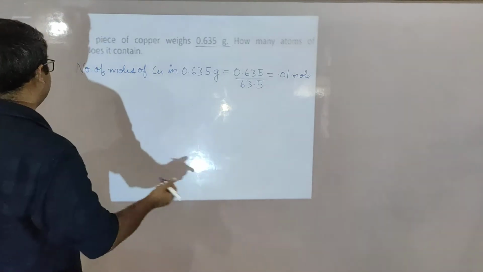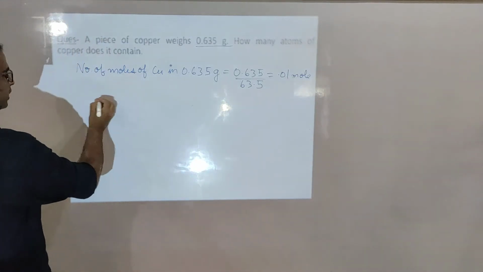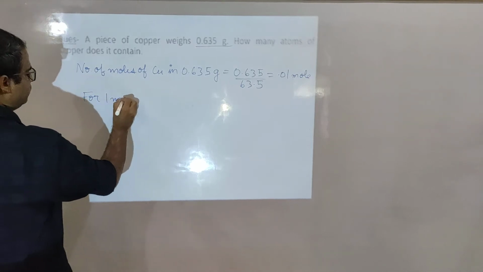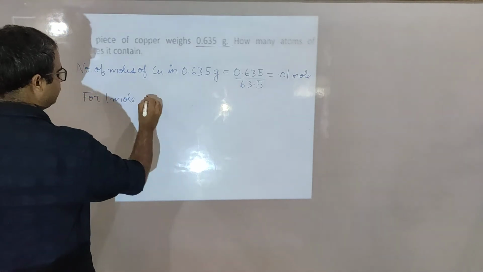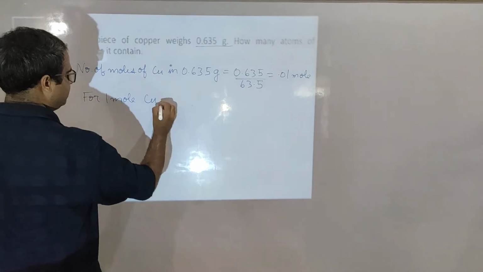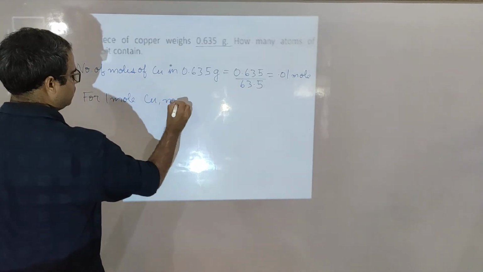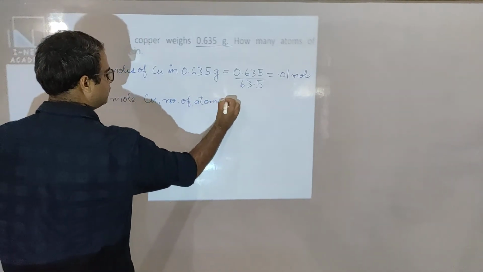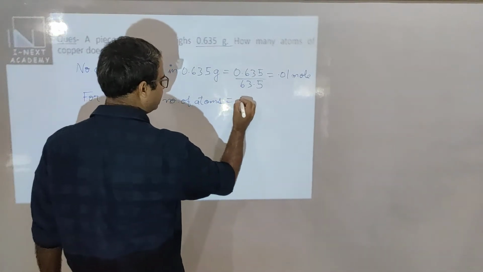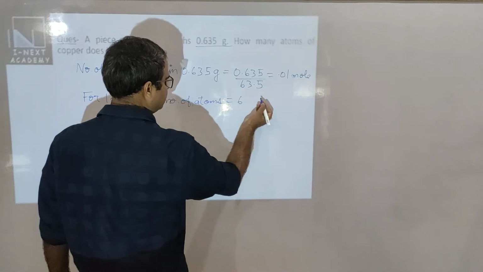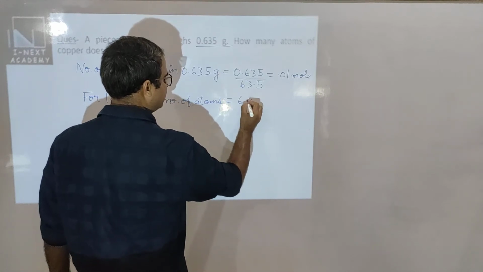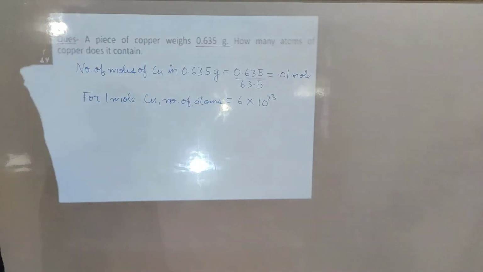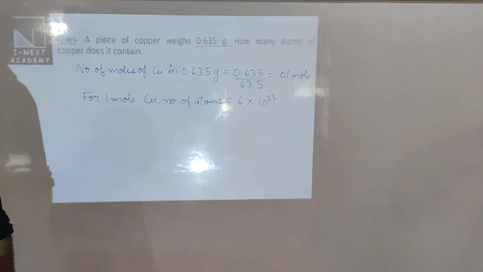So for 1 mole of Cu, the number of atoms will be 6.023 into 10 to the power 23, or for the calculator, 6 into 10 to the power 23.